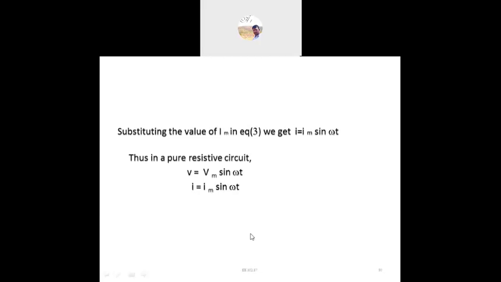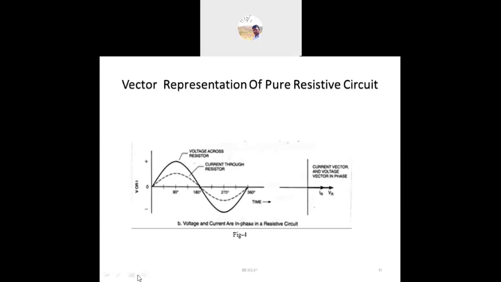Here, if we take a vector representation, we can observe the voltage across the resistor and the current through the resistor. Here is the omega t value, that is the time we are representing.